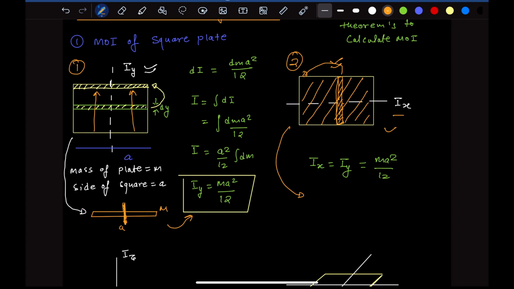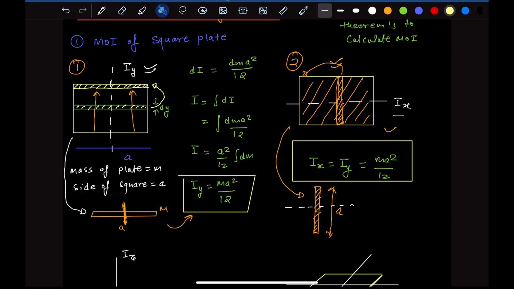And similarly, I can shift all of the elemental masses, right? So effectively it will become a rod of length a, because this side again in this case is a. Look here, I have taken a square. If I take a rectangle, then it will be different. And the next is that case only that we are going to derive, right? So I need to find out about that. So again, the moment of inertia of the rod about the center is m a square divided by 12, right? So you will get the same answer.